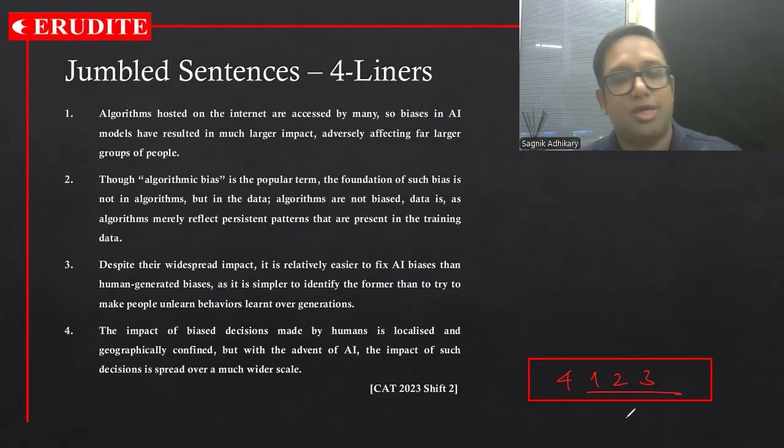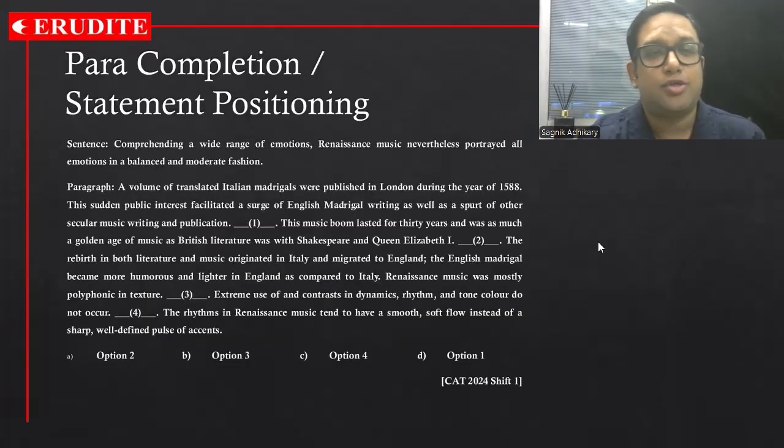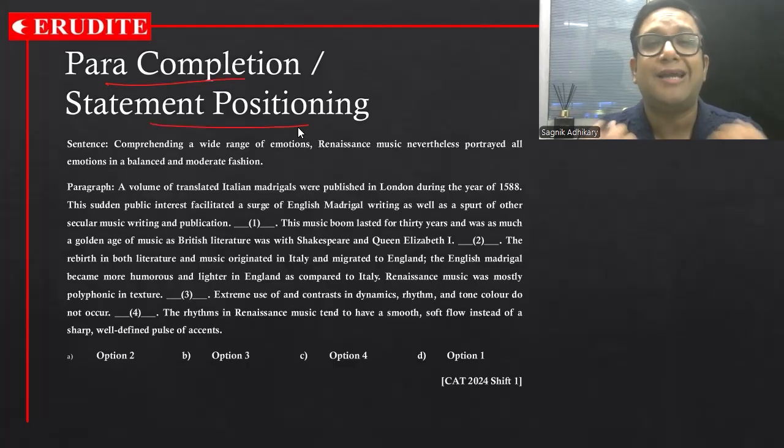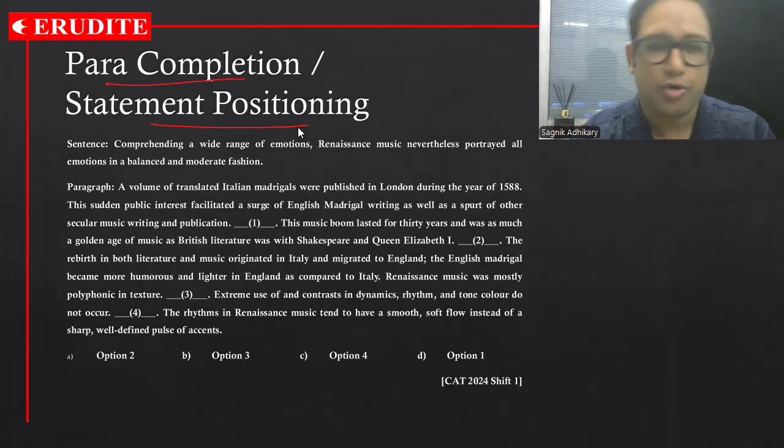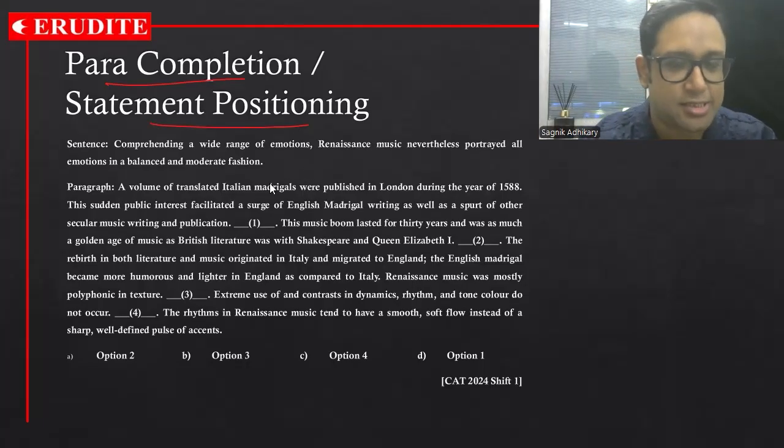Now let us talk about the other topics from the VA subsection. Let's segue into the para-completion questions. Para-completion, as the industry largely calls it, or statement positioning as I call it, because this is where you have to position a statement, a sentence, is this format of questions. We have a sentence given here, then a paragraph.